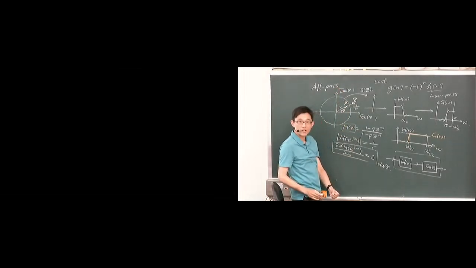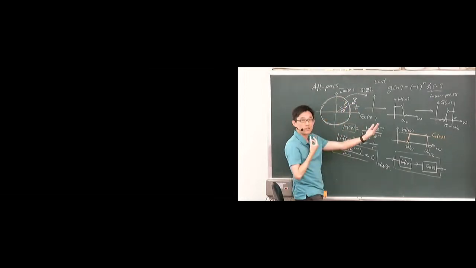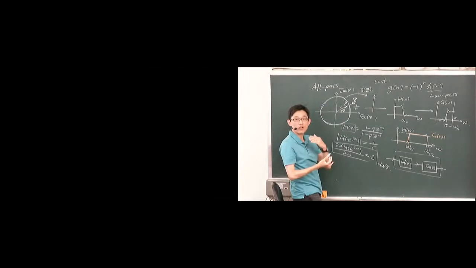You have already learned that the inside of the unit circle corresponds to the left-hand side of the s-plane. So the pole goes here and the zero goes there, and they have equal imaginary parts on the s-plane.